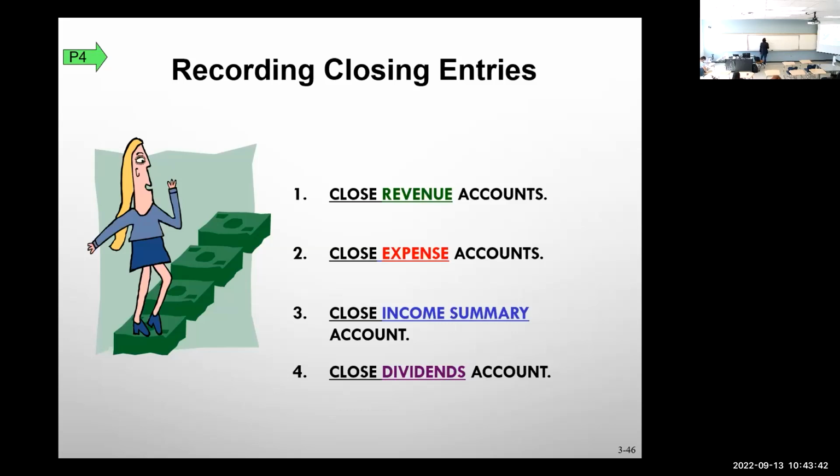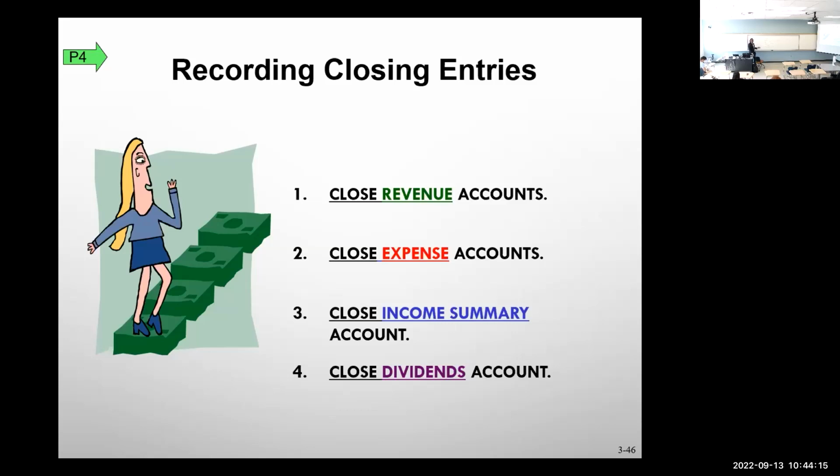Permanent accounts is everything on the BS, which is what? Balance sheet. Yeah, it is. I knew that was coming. We do nothing. You don't worry about the permanent accounts. That means every account on the balance sheet, you don't change it.